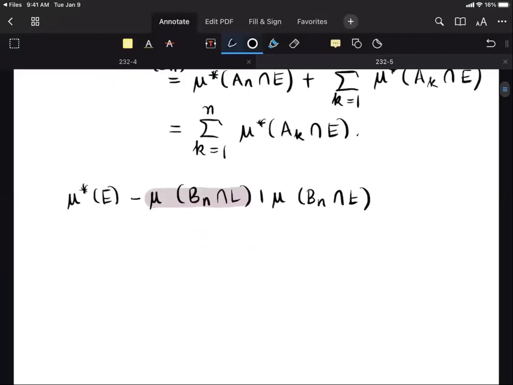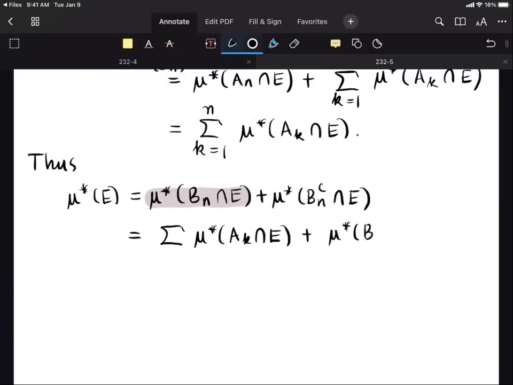So the outer measure of E is equal to the outer measure of Bn intersection E plus the outer measure of Bn complement intersection E. Now using our claim, this one is equal to the sum of the outer measure of A sub k intersection E plus the second term. So k here from 1 to n.